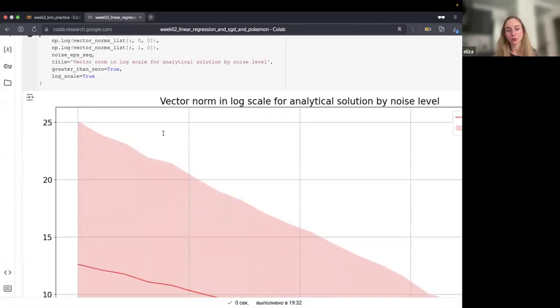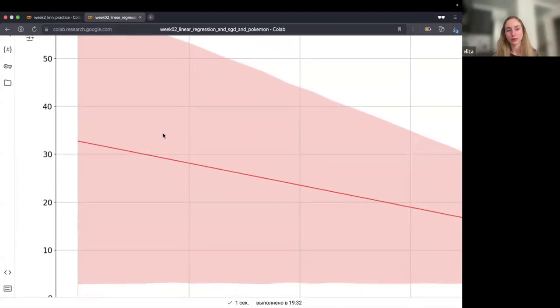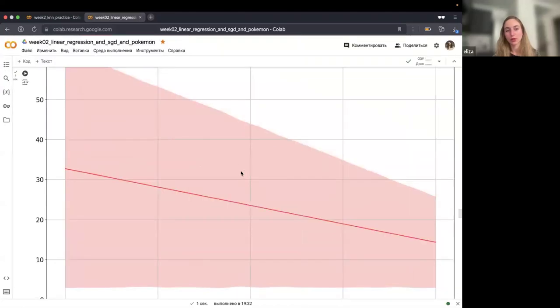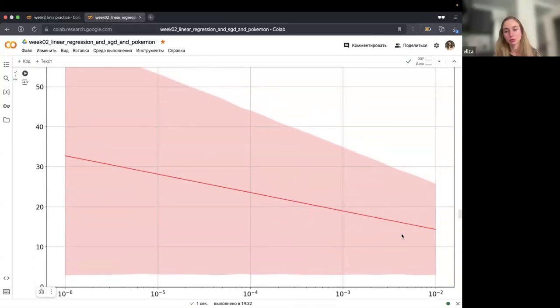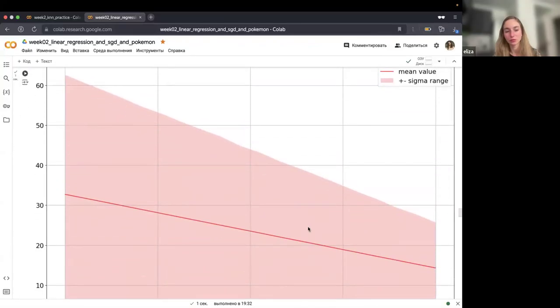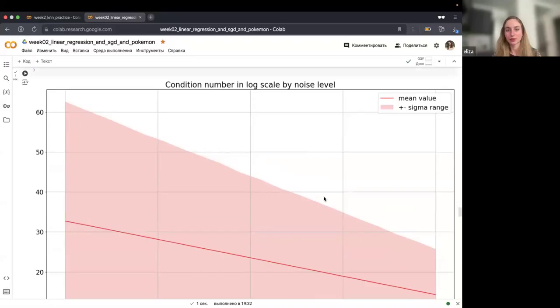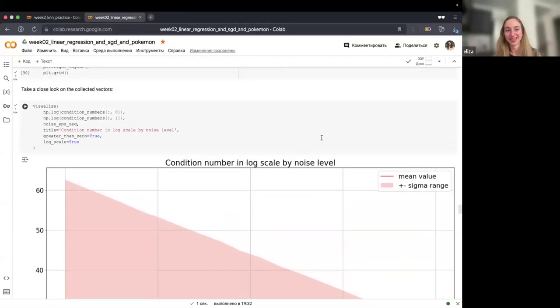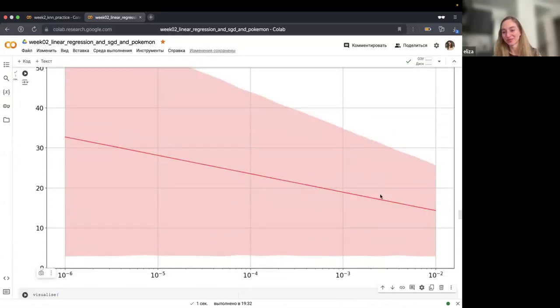I want to show you some graphs with the dependency of singular values and condition number on noise. Sorry, I don't understand why my Google Colab changed.